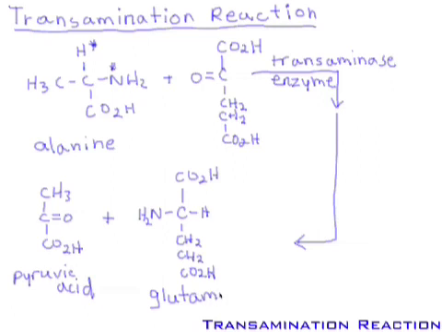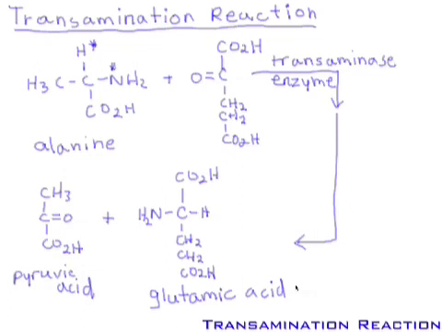So with the enzyme transaminase, one amino acid can be reacted with these alpha-keto carboxylic acids to produce new amino acids.